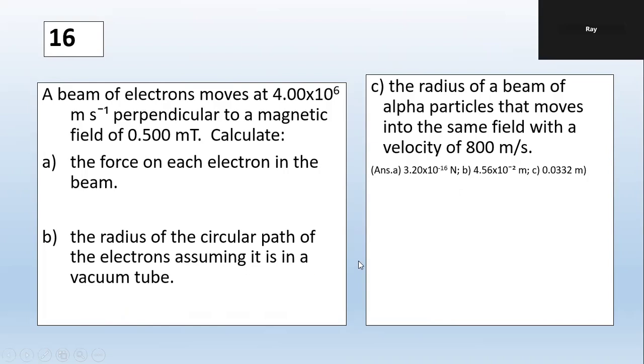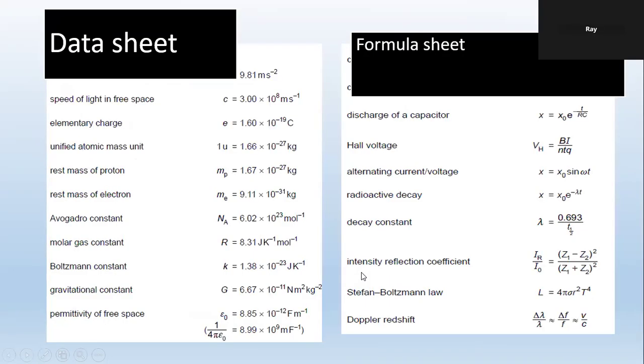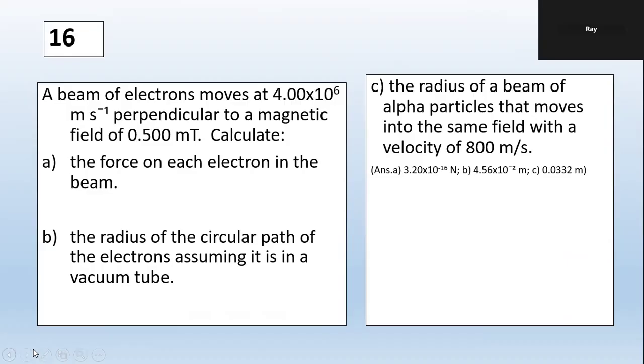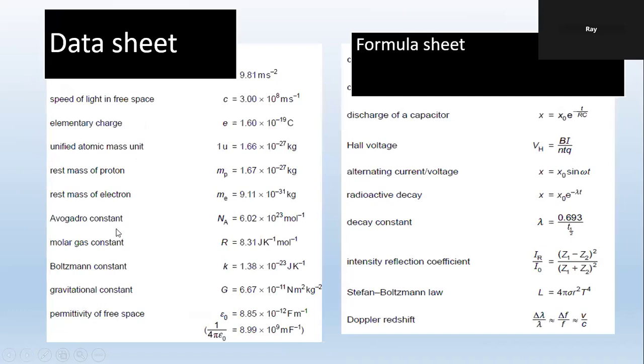Force on each electron. Charge you can get. Is it the BQV one? BQV. The charge of an electron you can get from the data sheet.